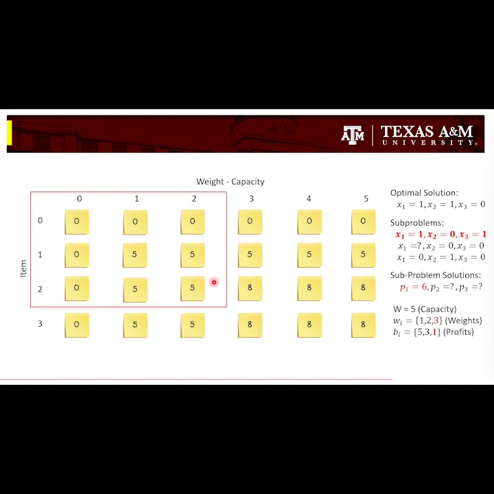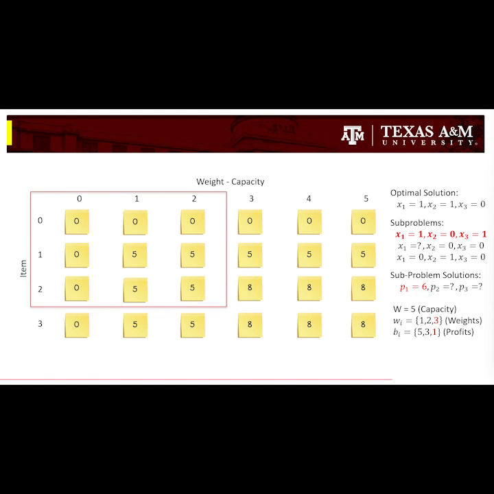And we see that the optimal solution comes from having a 5 here. And where did this 5 come from? Well, that really just comes from having item 1 in the knapsack. So the optimal solution when item 3 has to be in the knapsack is given by 1, 0, 1, and that gives us an optimal solution of 6. Okay.